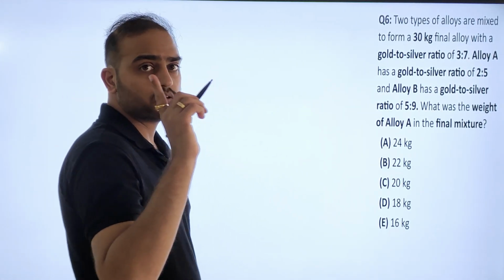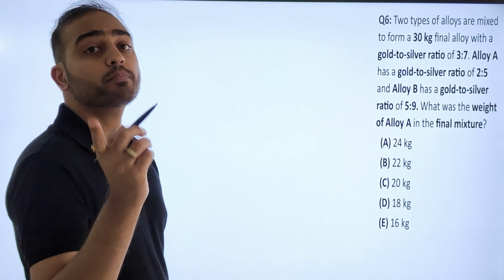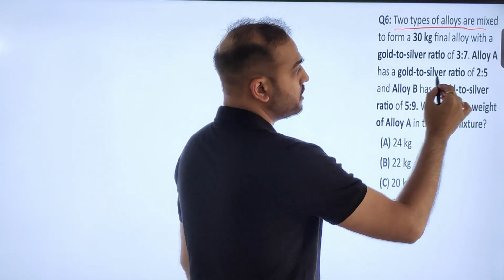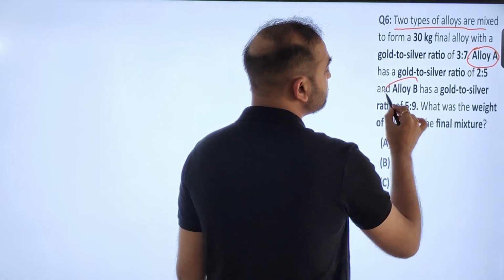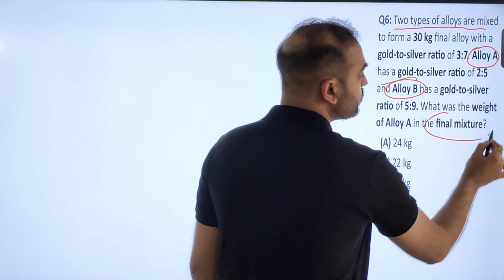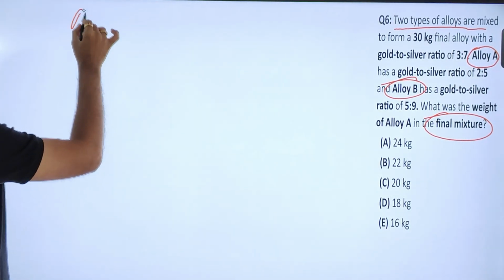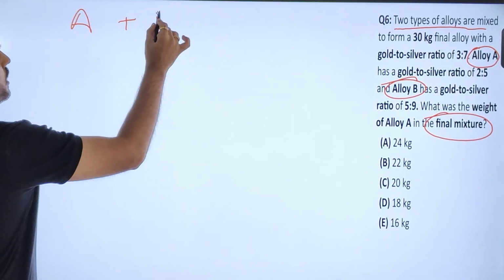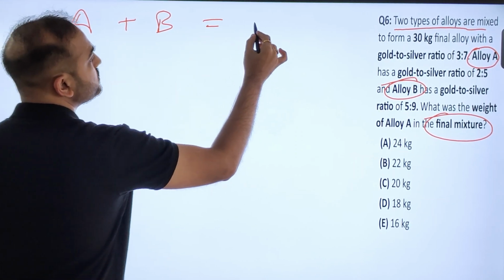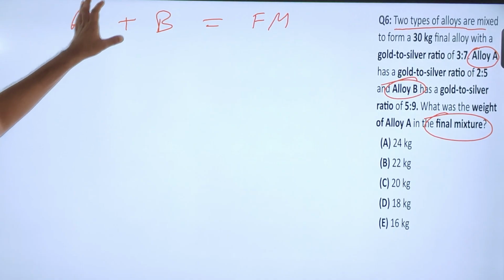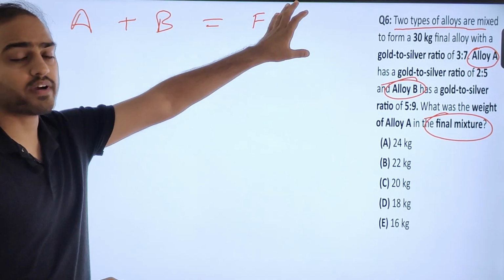To make your table, first, what should be mixed with what? If you see, there are two types of alloys that are mixed. So alloy A is mixed with alloy B to give you the final mixture. We write alloy A mixed with alloy B to give us the final mixture.